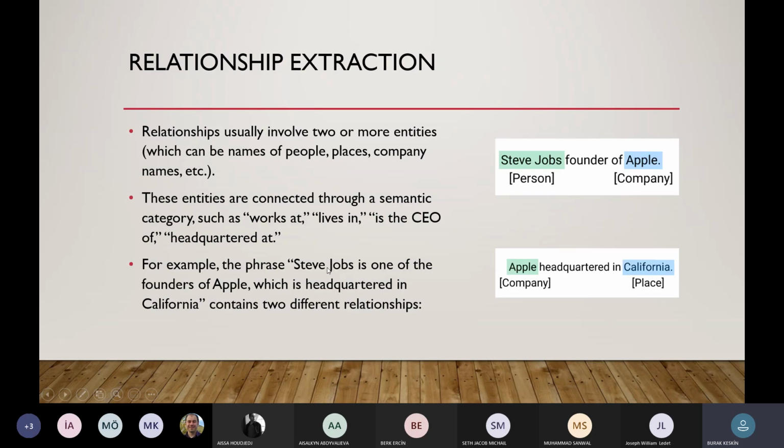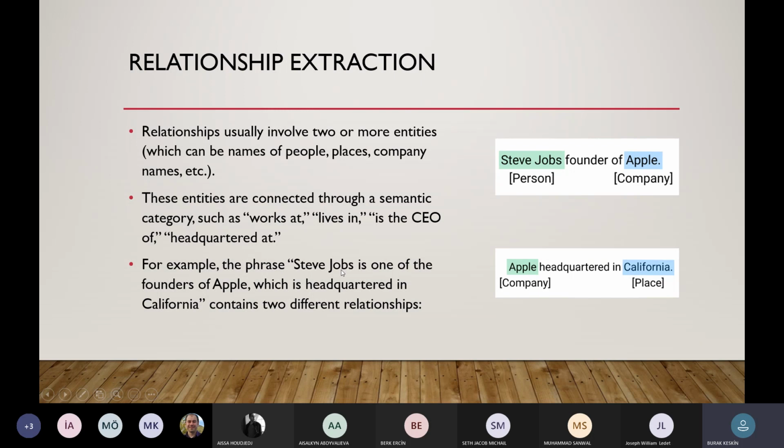How do we extract these relations? Relationships usually involve two or more entities, which can be names of people, places, or company names. These entities are connected through a category with predefined keywords, such as works at, lives in, or headquartered at.